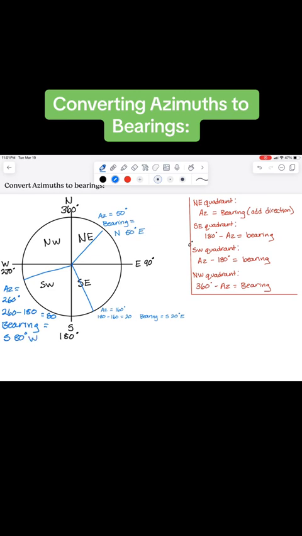Okay, and lastly, let's calculate one up in the northwest quarter. If you're given an azimuth of 300 degrees, you're going to take 360, subtract your azimuth to calculate your bearing. So the bearing in this case would be north 60 degrees west.